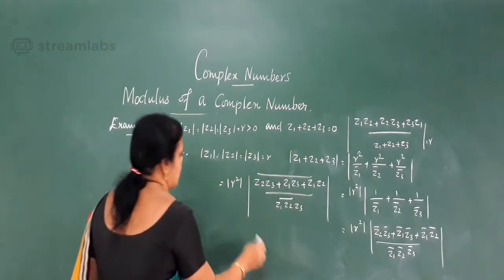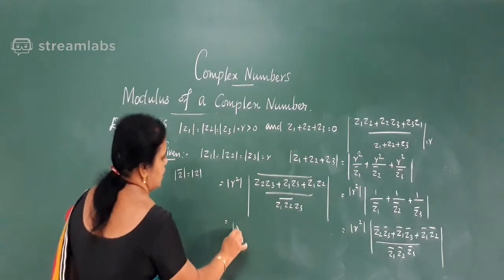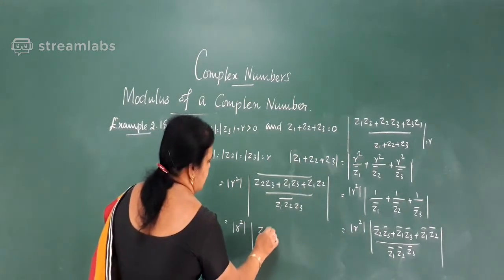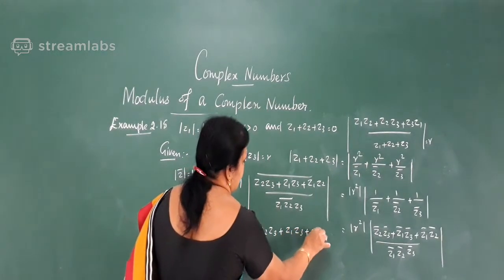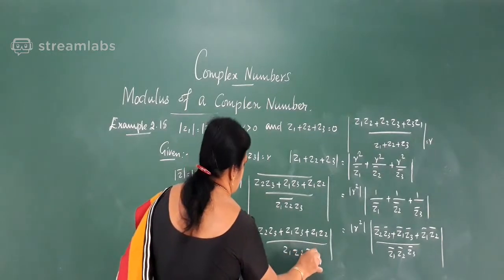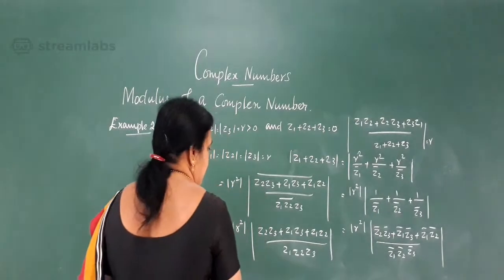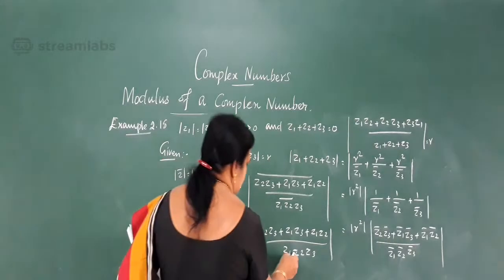Suppose modulus Z bar is equal to modulus Z. So R square by Z2 Z3 plus Z1 Z3 plus Z1 Z2 by Z1 Z2 Z3 is coming here. See, for this, what is the value?